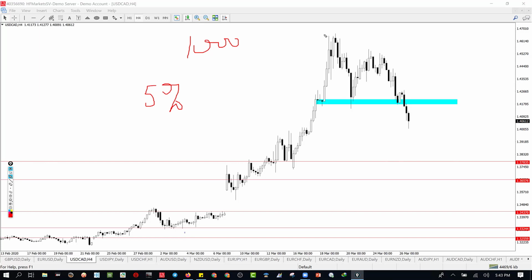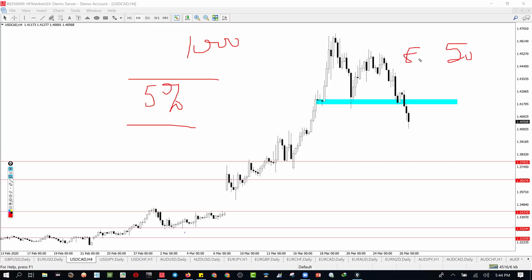It all depends on your level of experience. But the recommended risk size is no more than 5%. That means on your total account, don't risk more than €50.